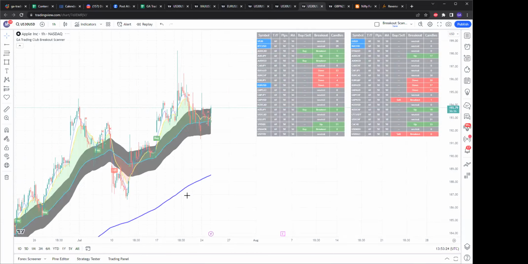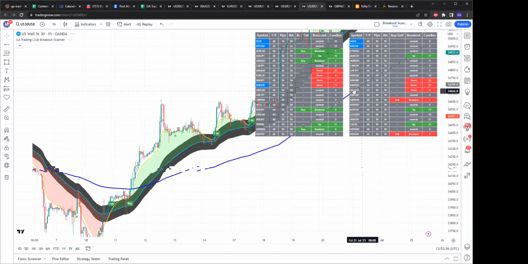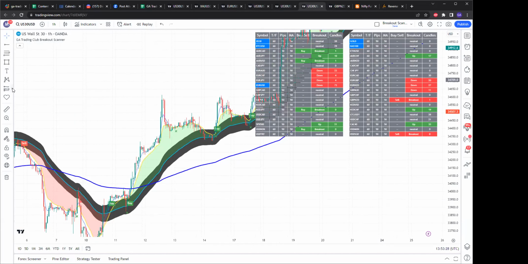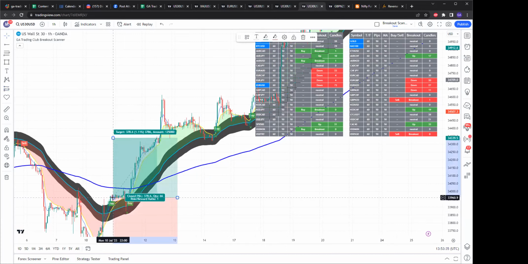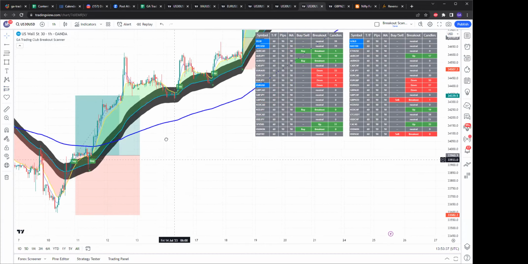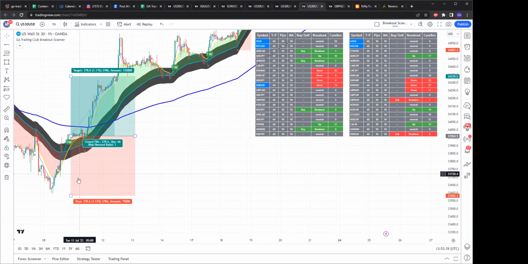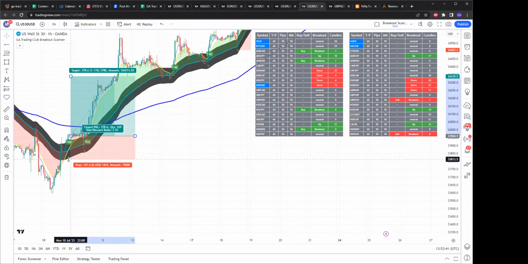So if I come back to US 30 here and do a quick visual back test, we had this buy right here. And the secret with this breakout scanner, so let's say we got this buy here on the hourly, you want your stop loss to be below this shaded region, which is the consolidation region.